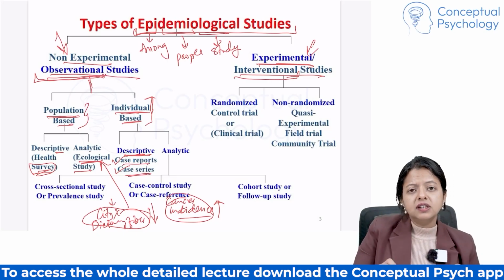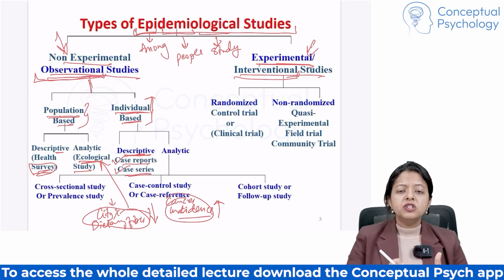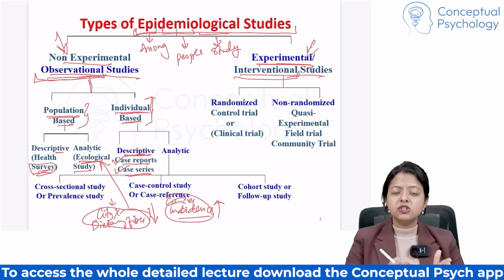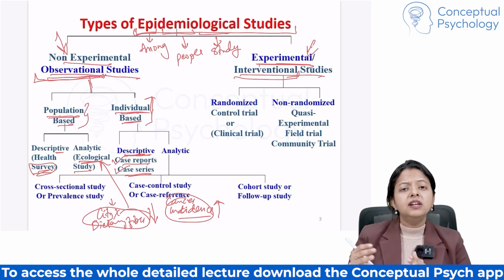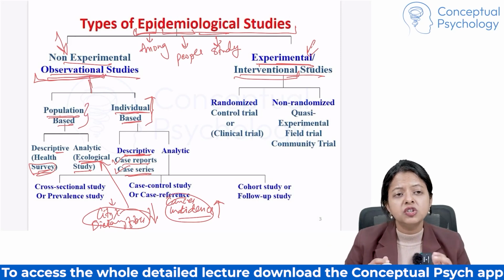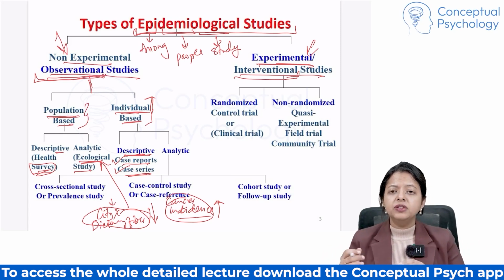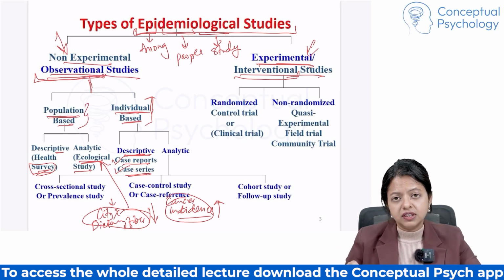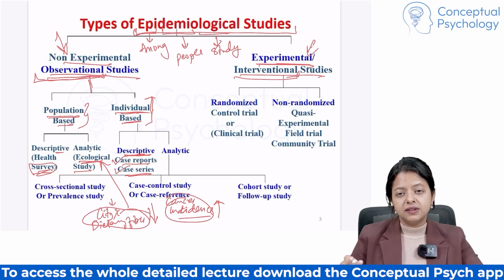And case series is when patients of similar disease or similar presentation, many such cases of similar presentation, come to a clinician or a doctor and those are documented in words. So these are case series.